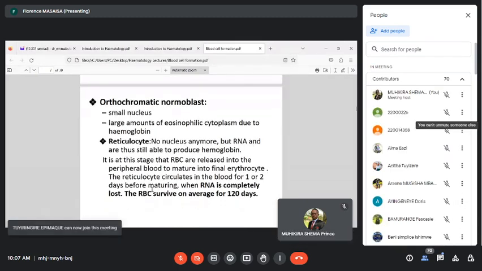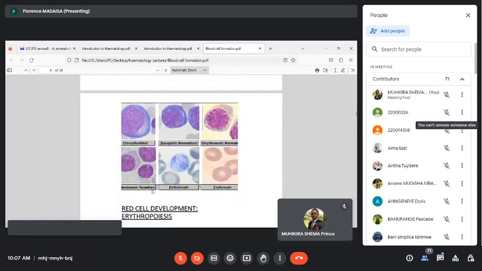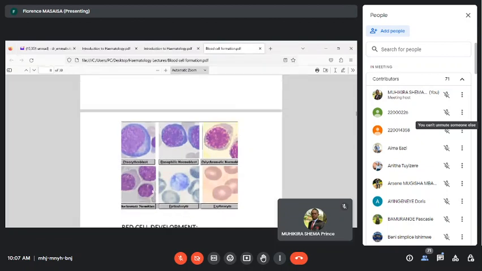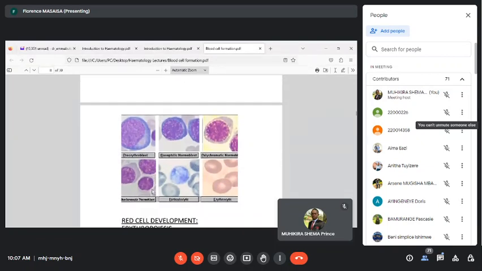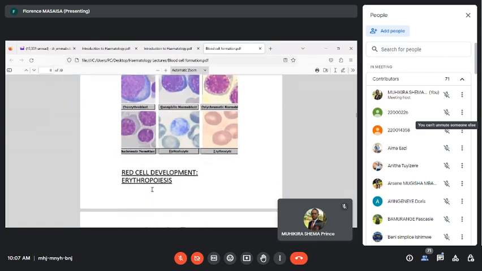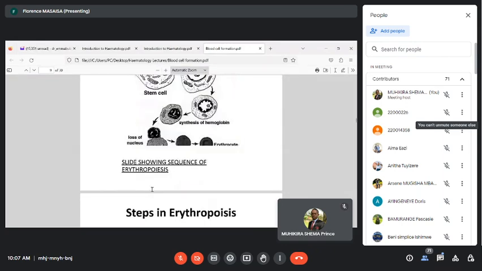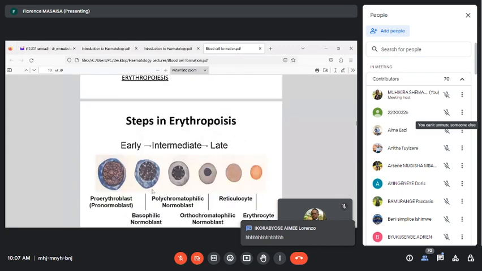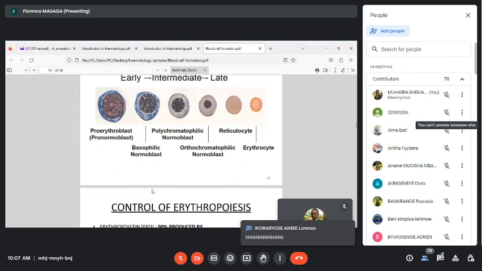The reticulocyte spends 1 to 2 days becoming a mature erythrocyte, which will spend 120 days circulating. This is in summary the image we have of the cycle of red cell production, just recapitulating what you have seen.